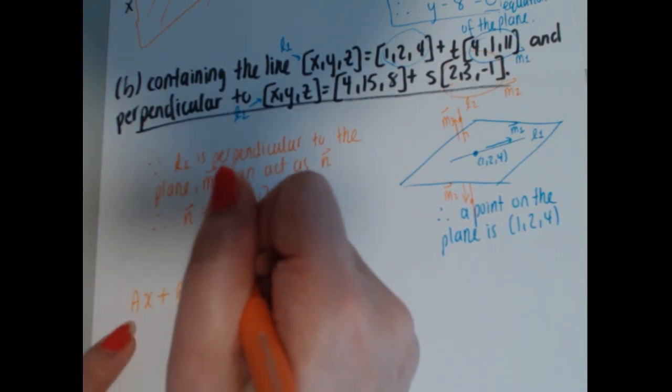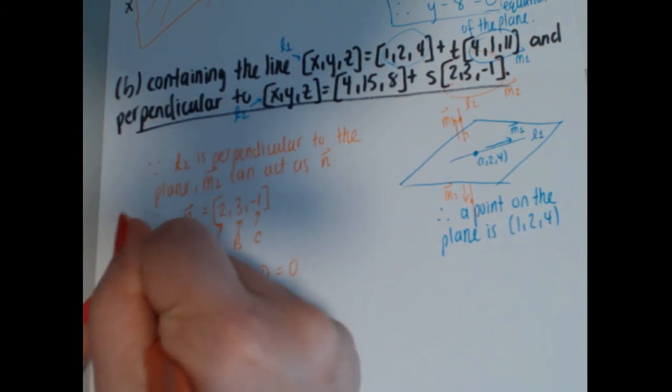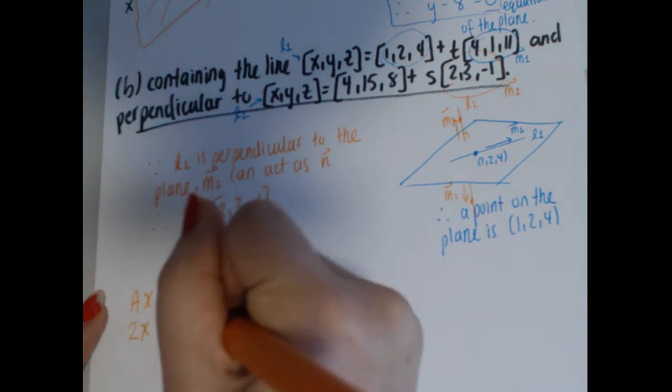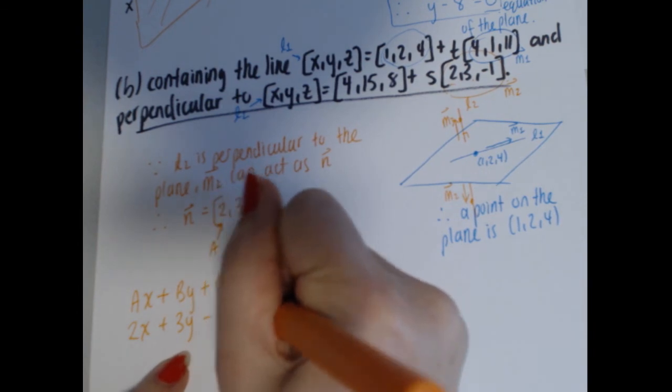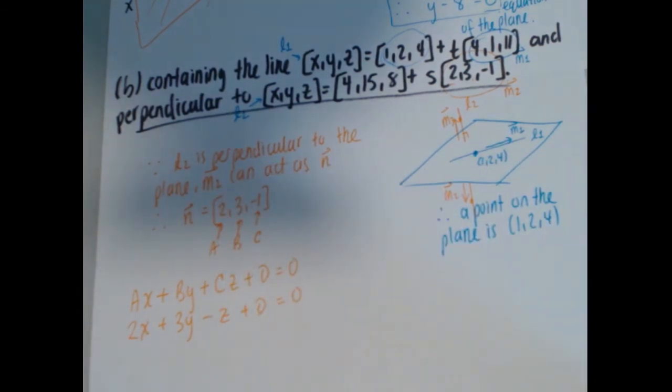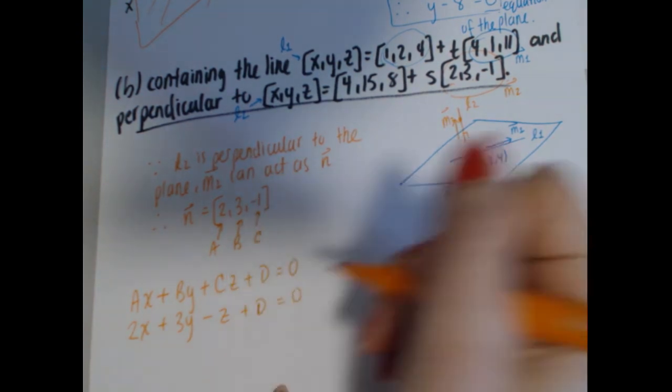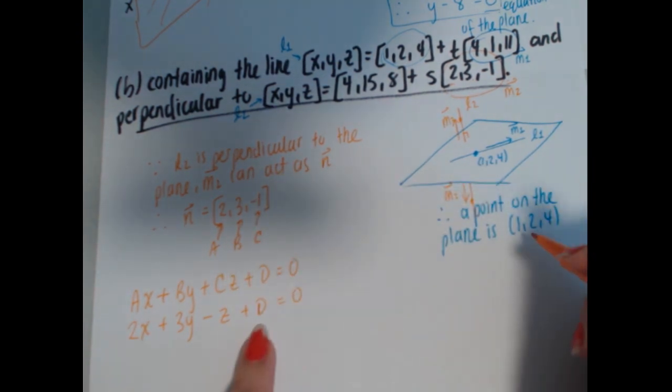All right, so now we have 2 for A, 3 for B, and minus 1 for C. So there we go. All that's left to do is figure out what that capital letter D is, and we do that by using the point.